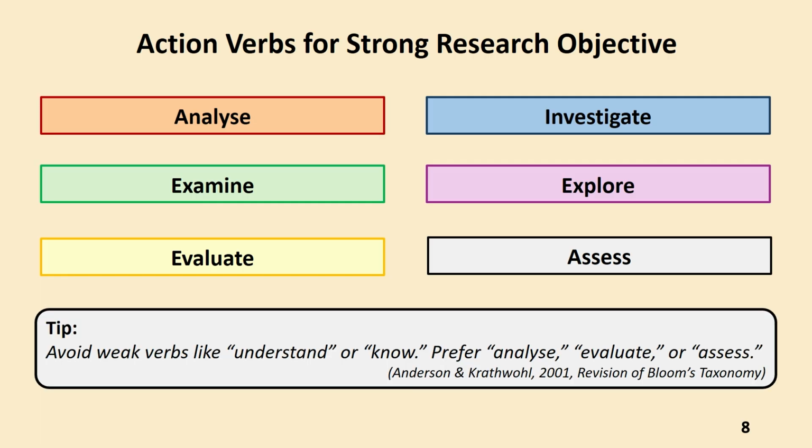So one tip: avoid weak verbs like understand or know, prefer analyze, evaluate or assess. Prefer this kind of words. And there are other words which can be used for forming a research objective. Here are some good examples that a researcher can use while formulating a good and smart research objective.